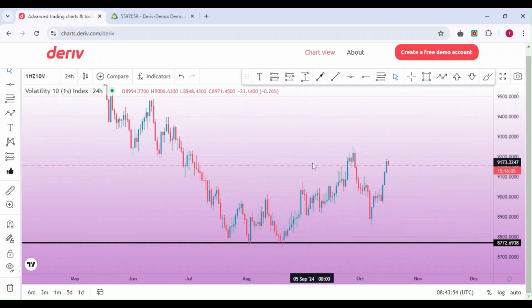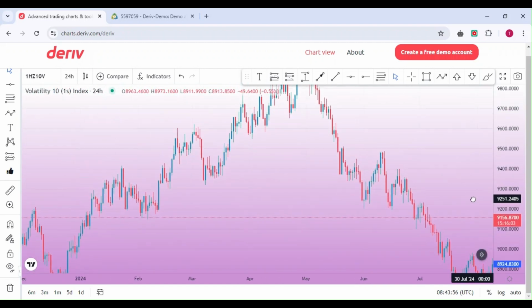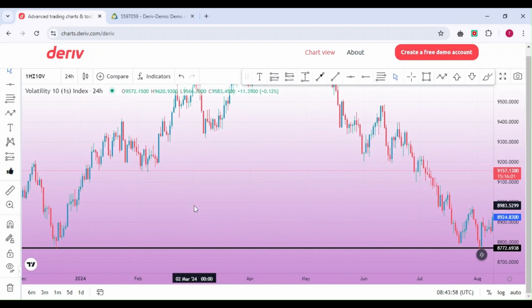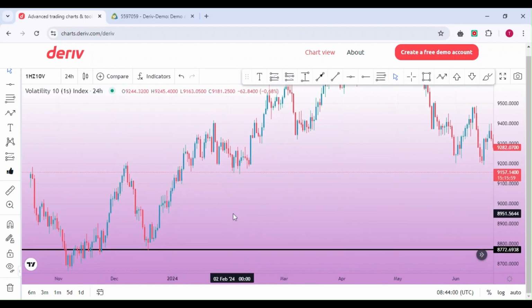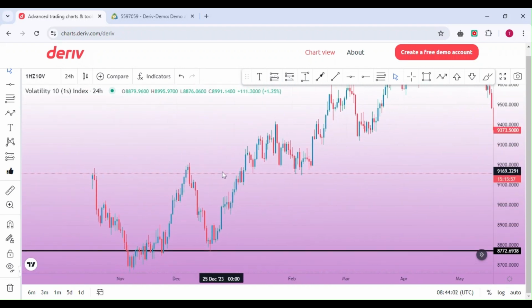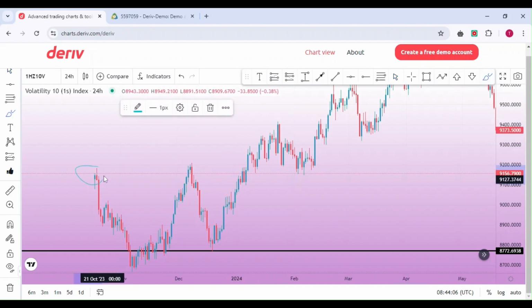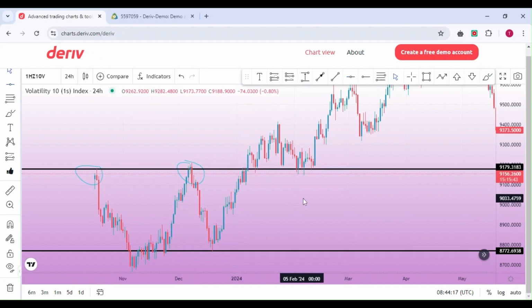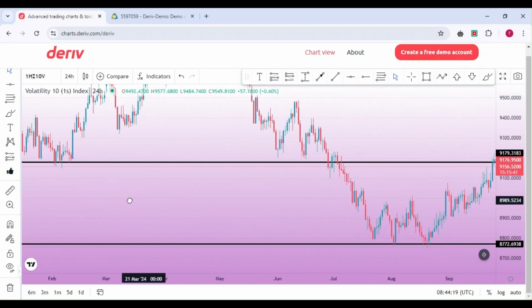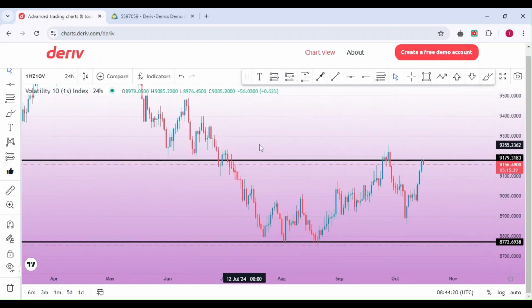So looking from behind, we can see that these two areas acted as a resistance zone. So let's pick our, say, horizontal line, and then let's see how the market has been behaving.